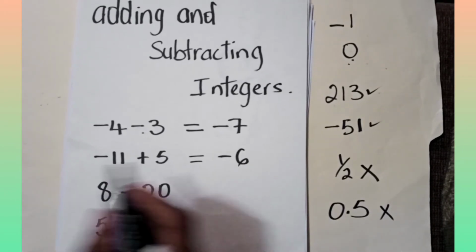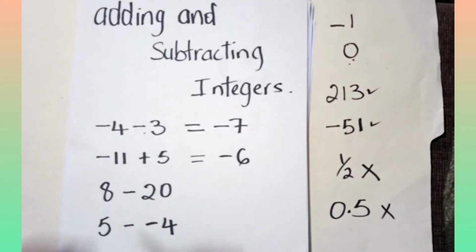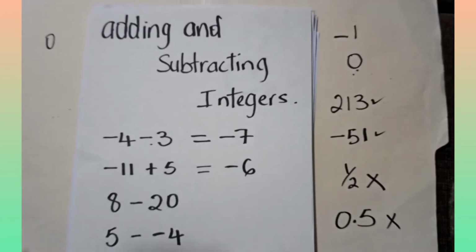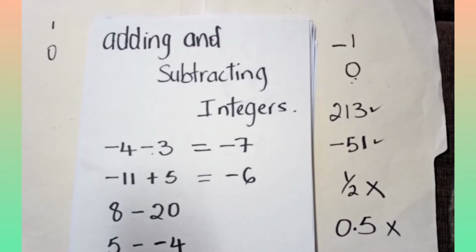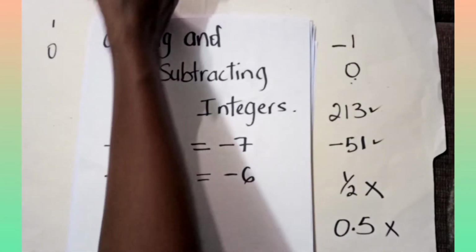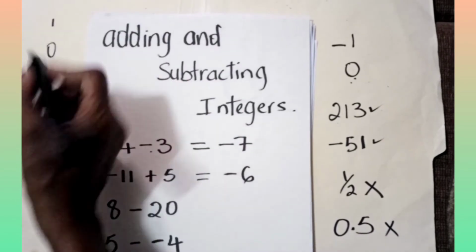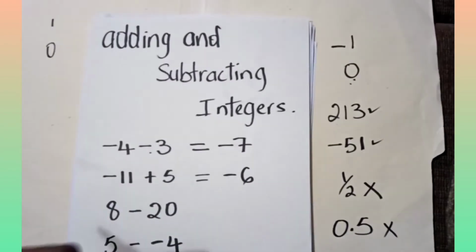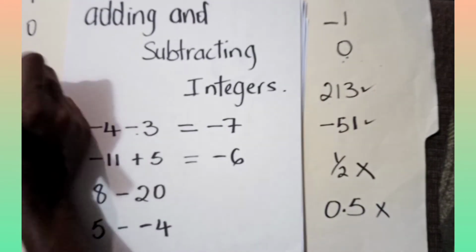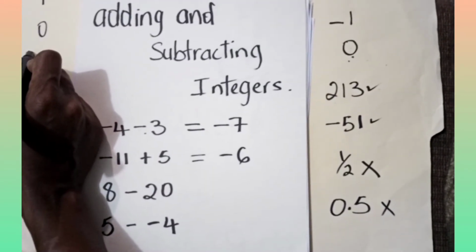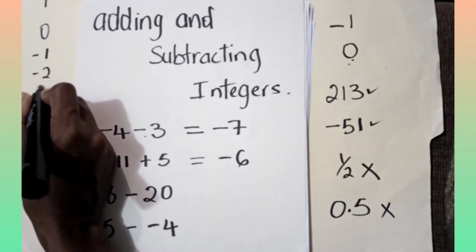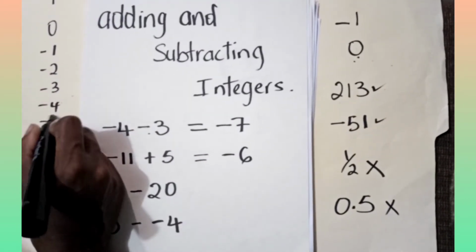What you can do, of course, is to maybe sketch a little number line. This would be all your positive numbers going up, and then you'll have your negative numbers going down, right? So below 0, of course, is negative 1, negative 2, negative 3, negative 4, and so forth.